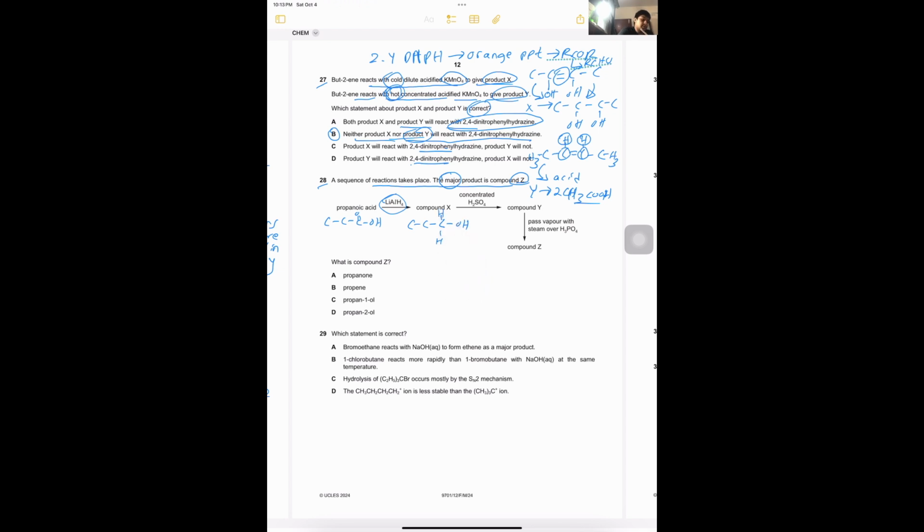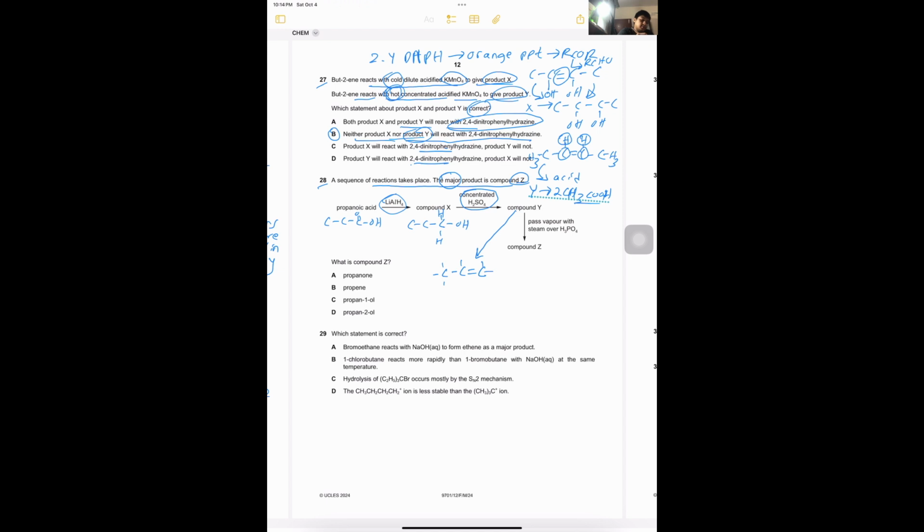And again, when this reacts with H2SO4, it will form an alkene. This is the alkene that will form, but I'm not showing the hydrogens. You people know that there will be hydrogens.